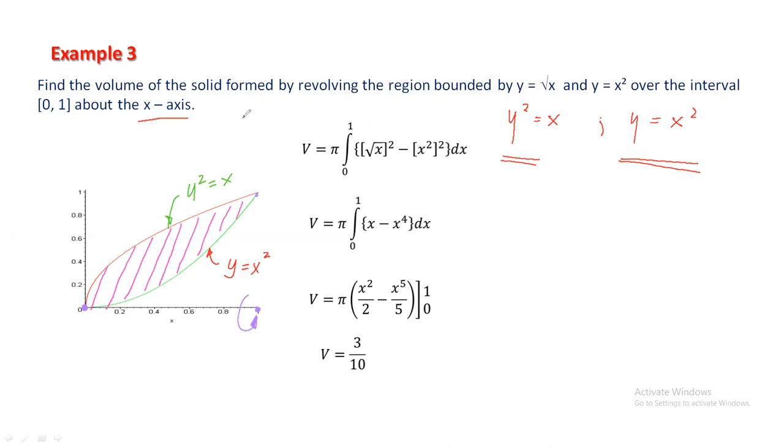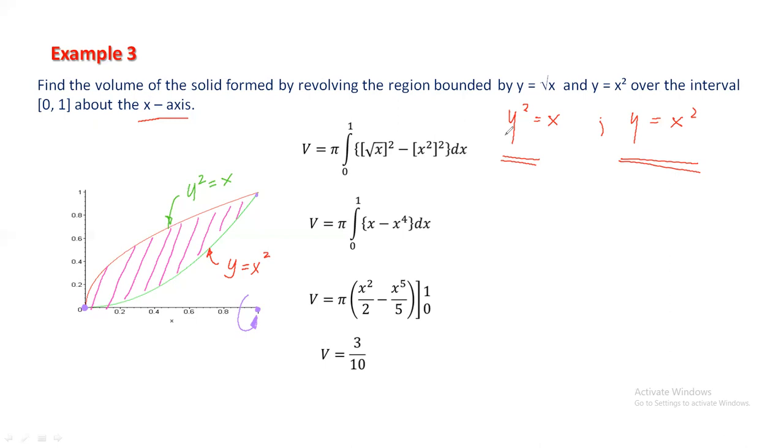The differential area, how will I write it in this leaf-like area here, which you need to rotate around the x-axis? Will it be vertical or will it be horizontal? The requirement is the cross-section should be perpendicular to the axis of rotation.